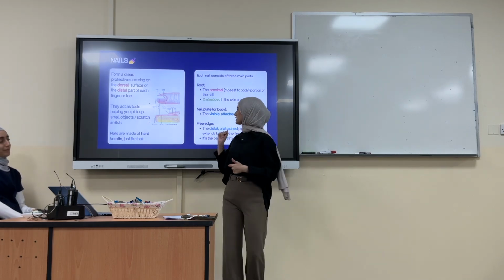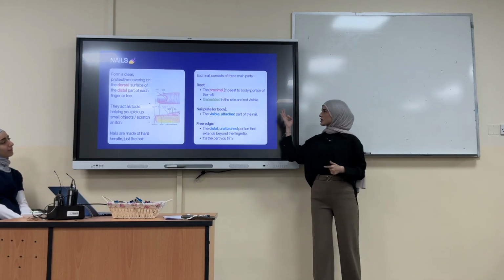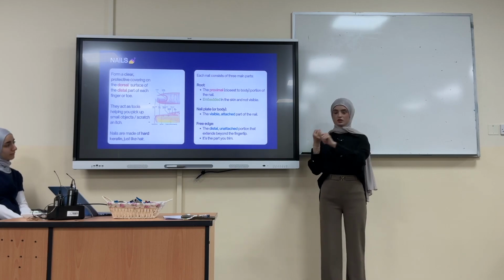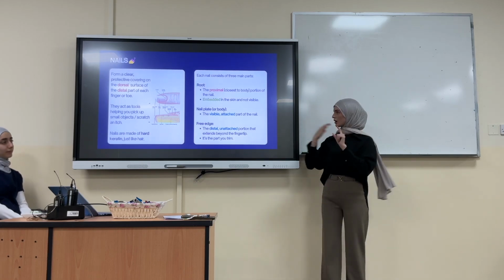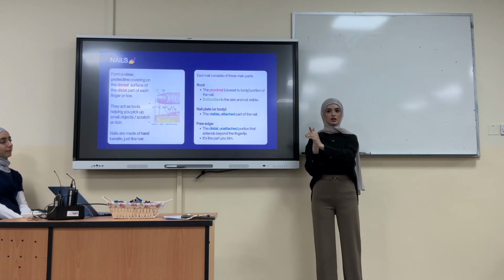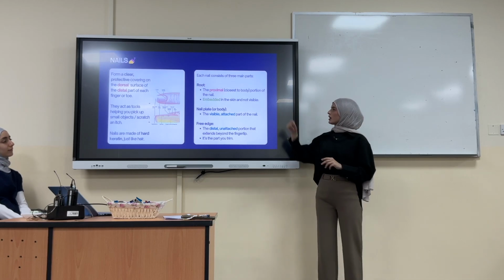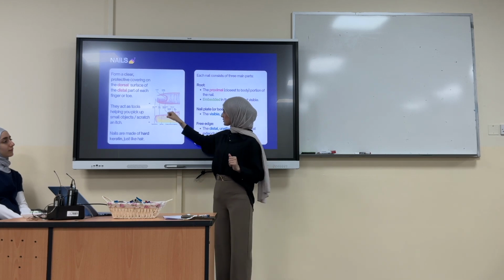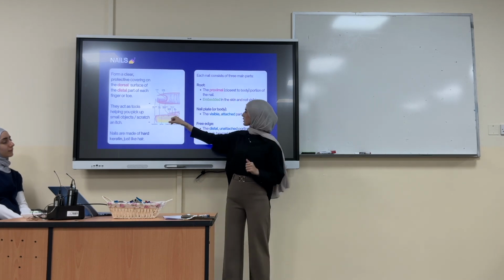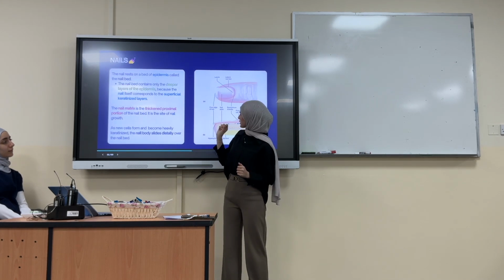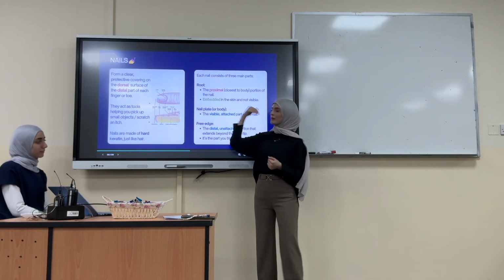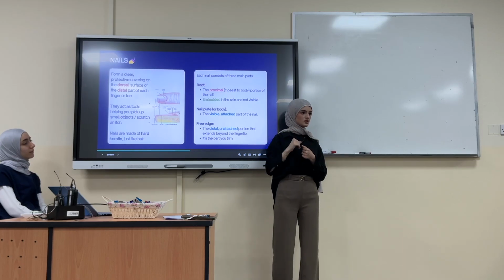Okay, the nail consists of three main parts. What are they? The root, the nail plate, and the free edge. The root is the proximal part of your nail, and it is embedded in the skin, so you can't see it.